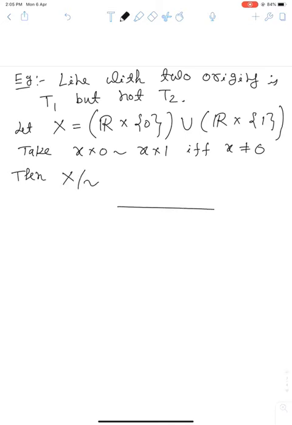That is, this is my one line, this is my 0, and this is another point.